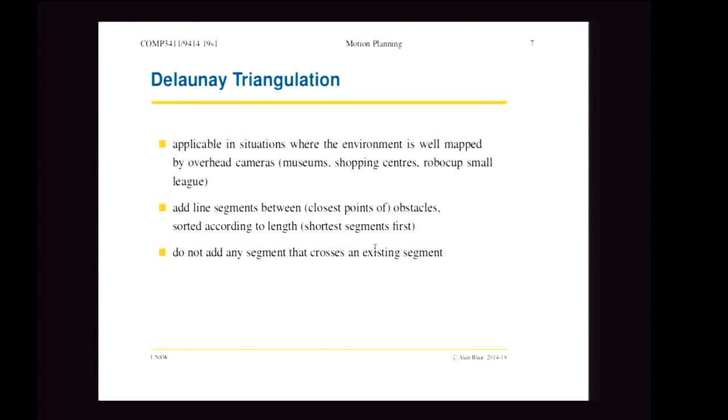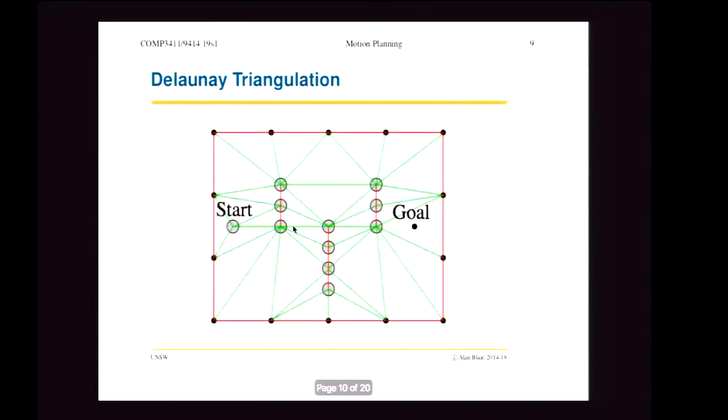I add the shorter edges first. And I don't add any segment that crosses an existing segment. So here, this one is quite short, so I add that, and then this one is short, and this one is short. But when I get to this edge from here to here, I don't add it because it would cross this edge that's already there.